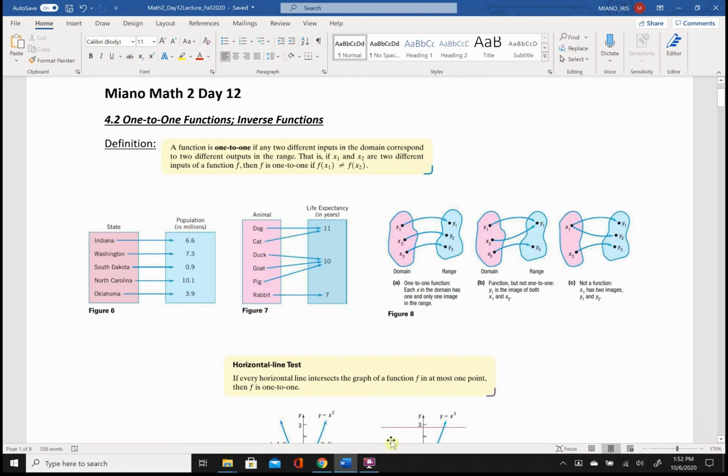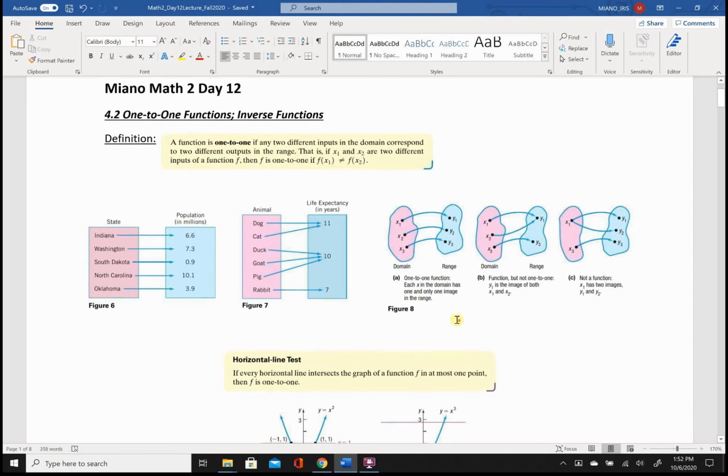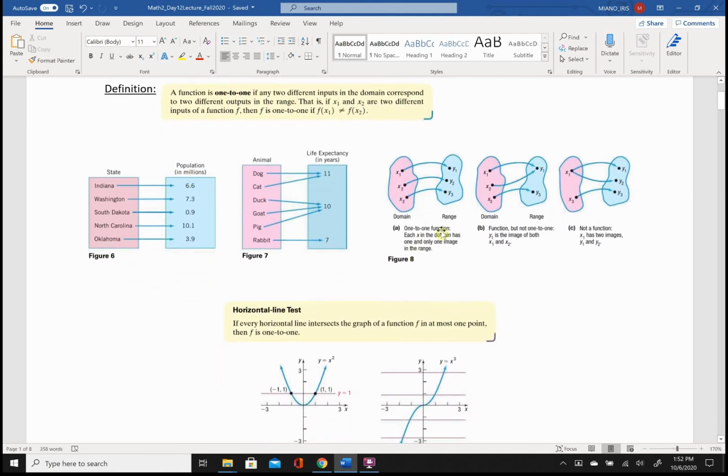If we need a little more representation of what's going on here, some more visuals, we can look to figure 8, which is a three-parter. Part A shows us a very quintessential, straightforward representation of a one-to-one function. We have each of the three inputs, x1, x2, x3, mapping to one particular distinct output, y1, y2, y3 respectively.